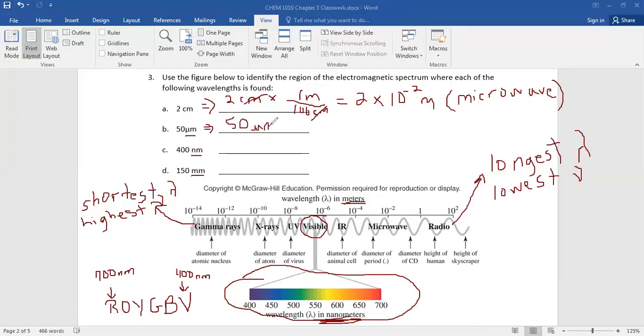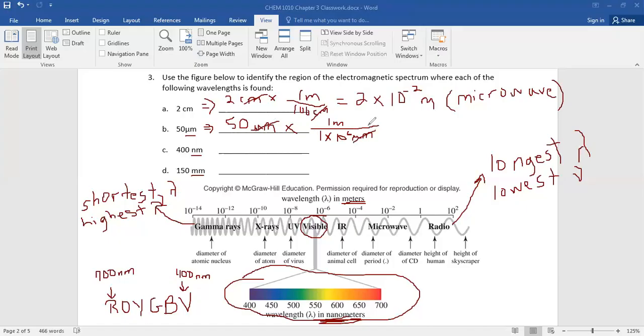Remembering from the previous chapter, your metric system prefixes is very important. So for every 1 meter, you've got 1 times 10 to the 6 micrometers.